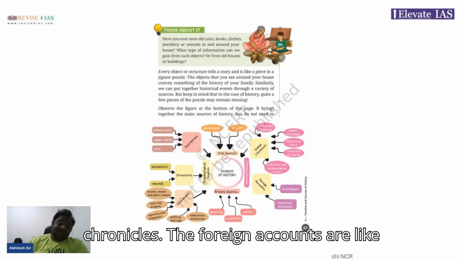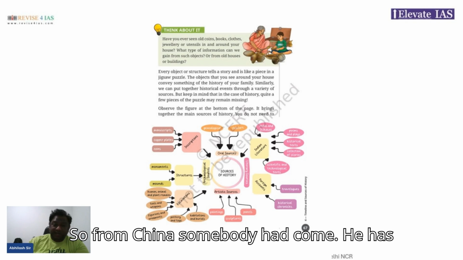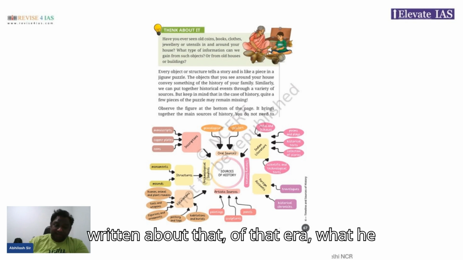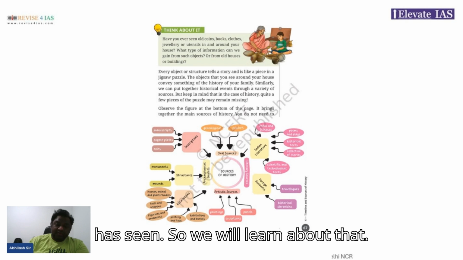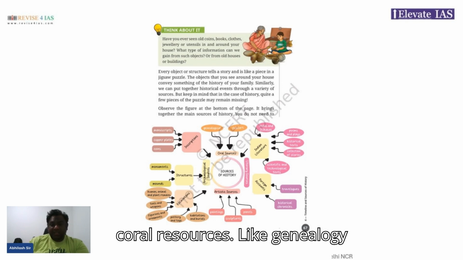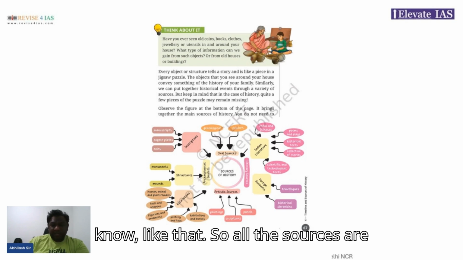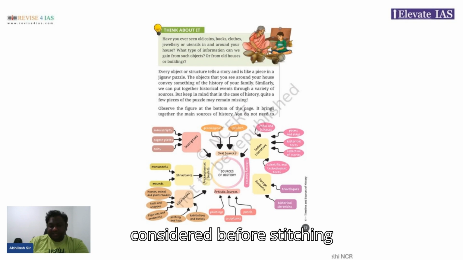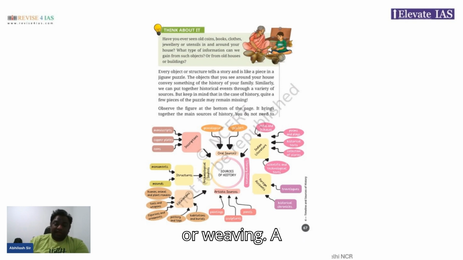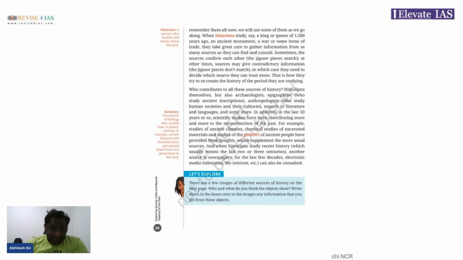The foreign accounts are like somebody of that era who came to visit the Indian civilization. Somebody came from China and wrote about what he saw of that era. We will learn about that. There are also oral sources like genealogy and folklore, stories which come down. All these sources are considered before stitching or weaving a historical text or documentation.